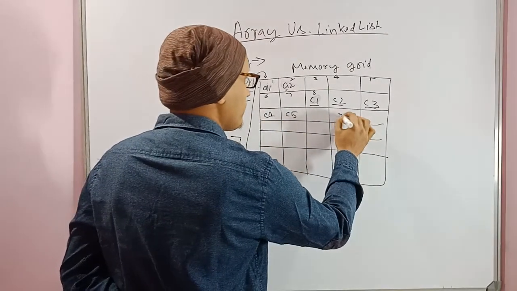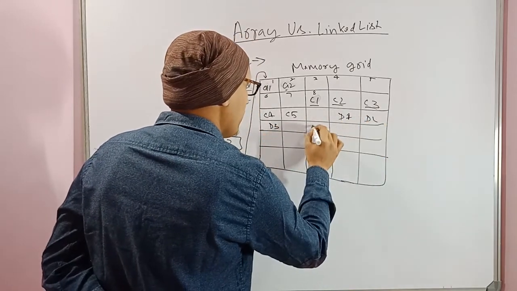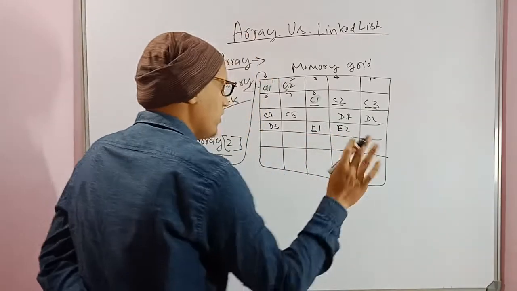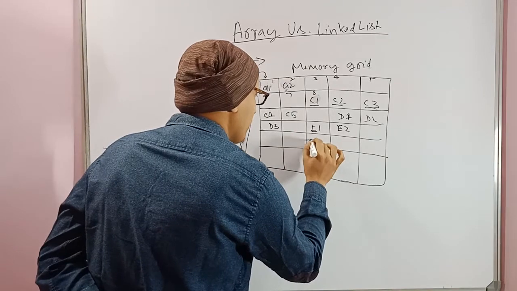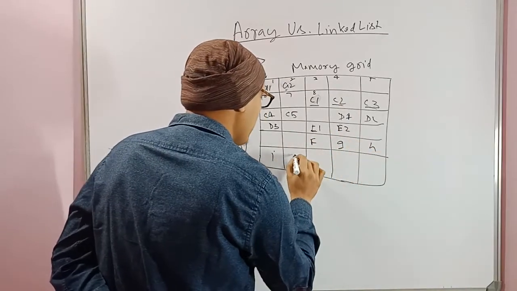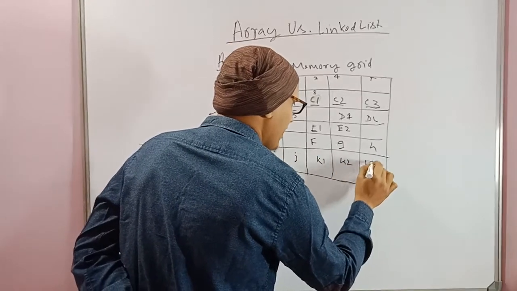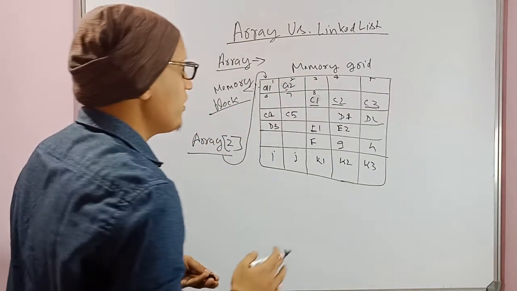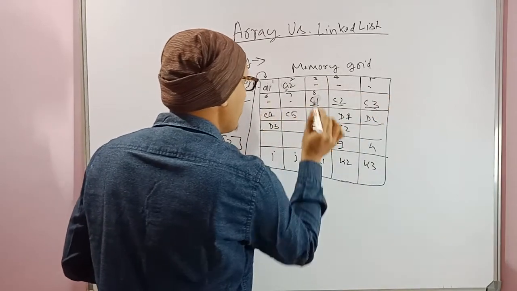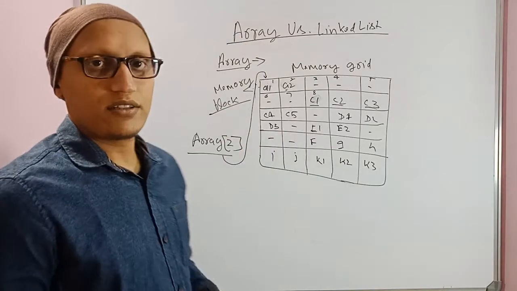Then D1, D2, D3, E1, E2, and some variables G, H, I, J, K1, K2, K3. So all these memories are allocated. How many memory locations are free? 1, 2, 3, 4, 5, 6, 7, 8, 9, 10. Ten memory locations are free right now.